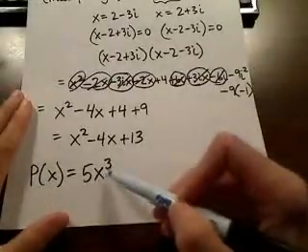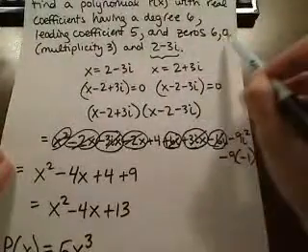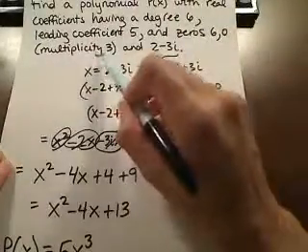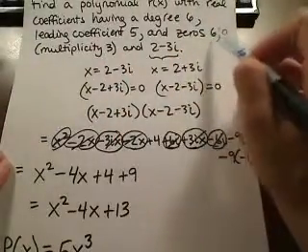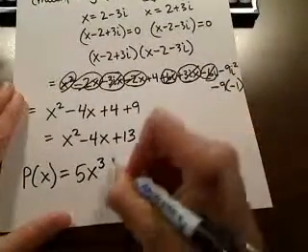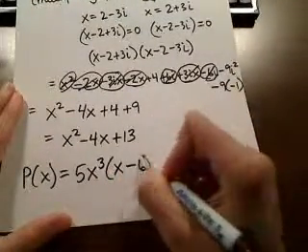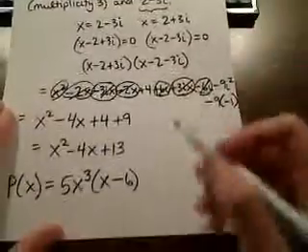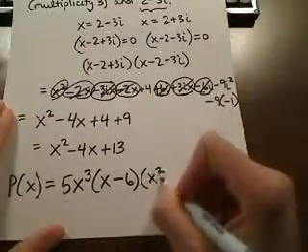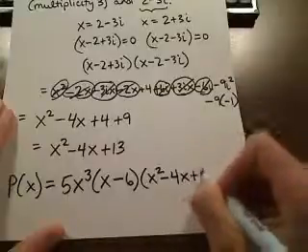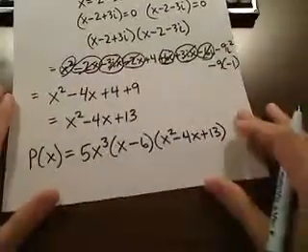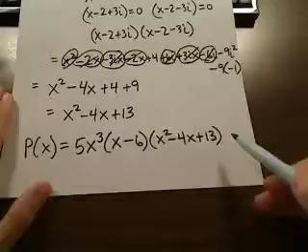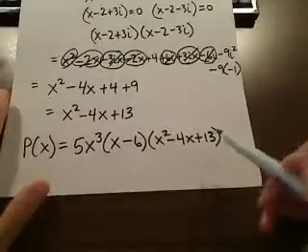So that would be the x cubed giving us the 0 of 0 with a multiplicity of 3. If we have a 0 of 6, that would have come from x minus 6. And then the other zeros are coming from this quadratic right here. Okay, so this is the function that they're looking for.